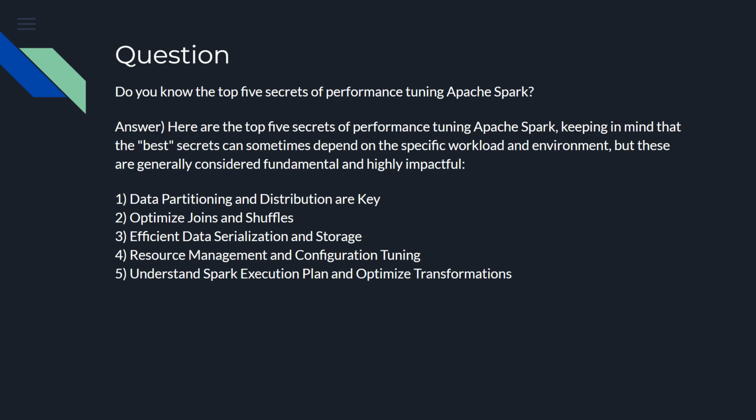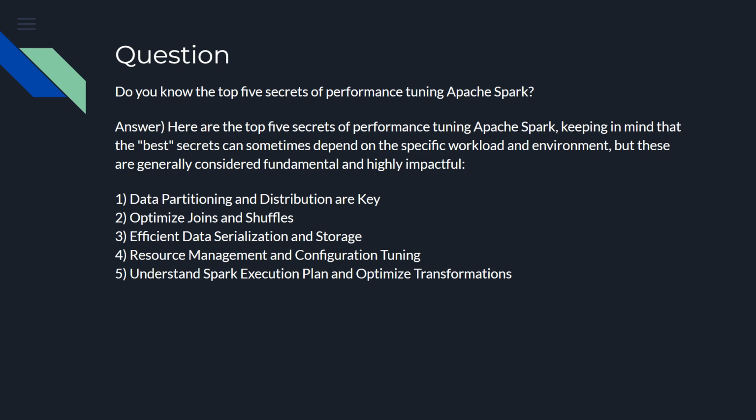Use native functions. When possible, leverage Spark built-in functions as they are often optimized for performance compared to user-defined functions, especially those written in Python. If you use UDFs, consider using Scala or Java for better performance.